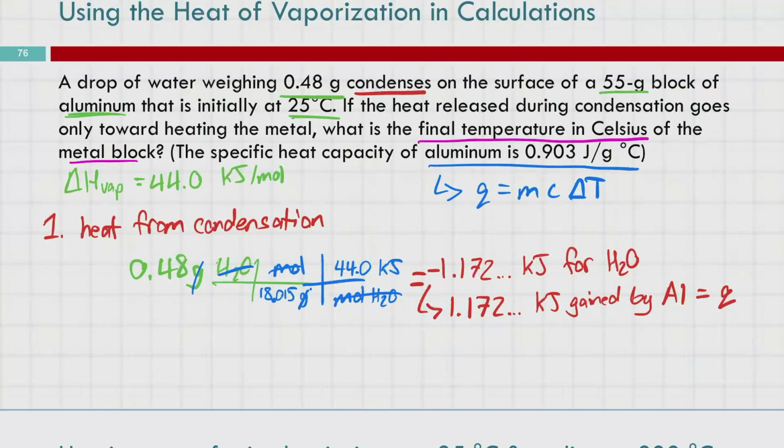We have now Q. We just figured out Q. We were given the mass, and we were given the C value. So what we're solving for in Q equals MC delta T is the delta T. Delta T equals Q over MC.